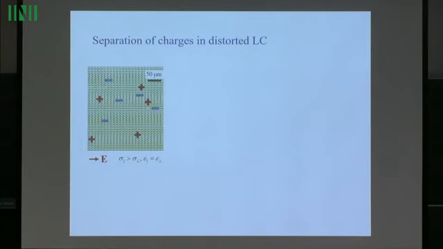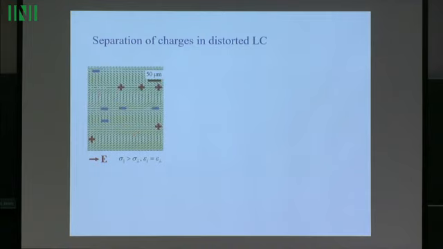The positive ions want to move to the right, but since they are in an anisotropic environment and the director is like a rail that tells the train which way to move, the ions move not only to the right, but also they are slightly shifted along the vertical direction. And the negative charge goes to the left, but also along the perpendicular direction, being guided by the director field.